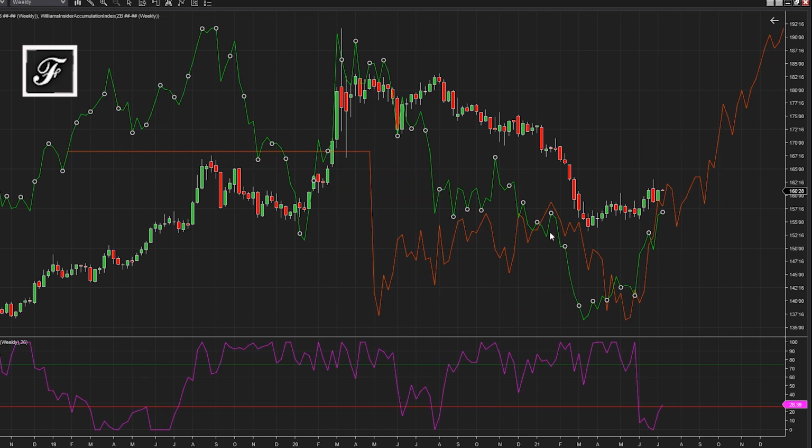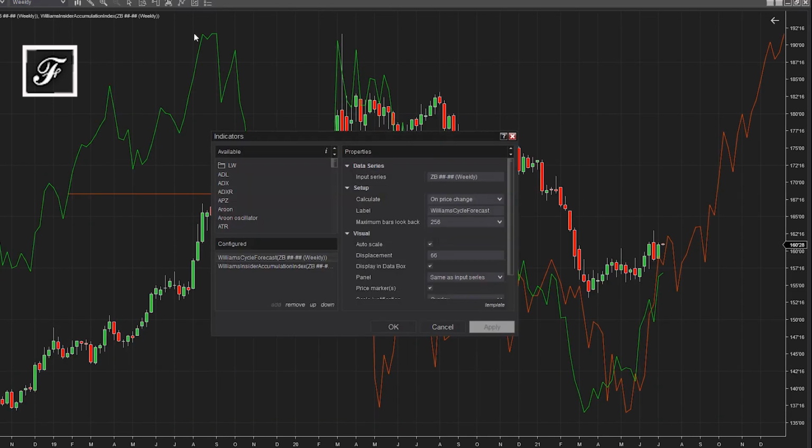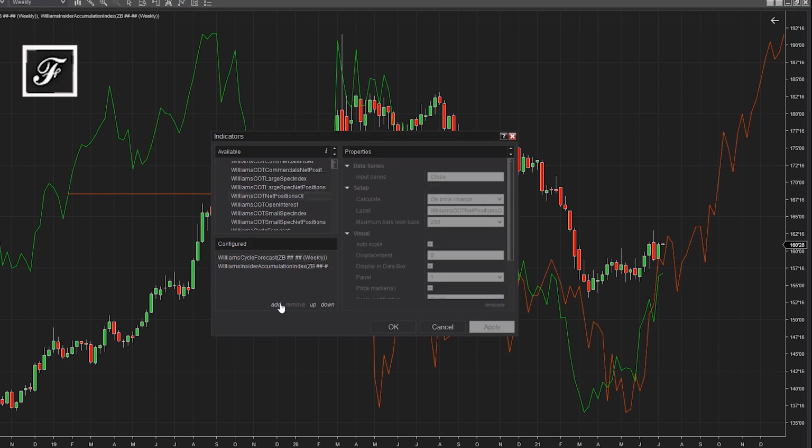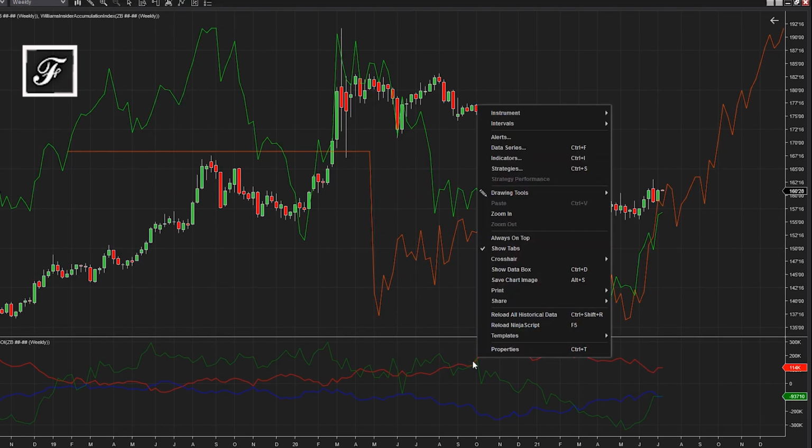Okay. Well, this one is somewhat neutral. I can remove it. And let's check commitment of trader report. First, we're checking net positions now. Nothing interesting, it's neutral.